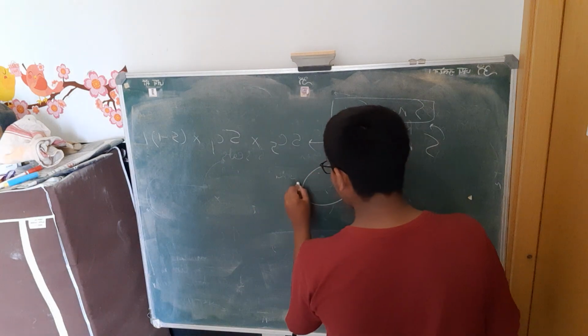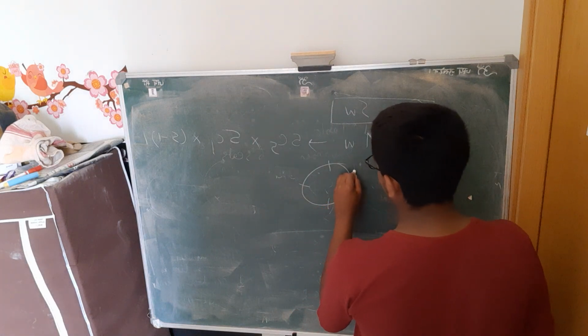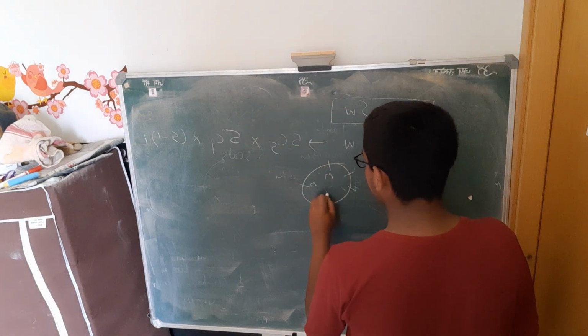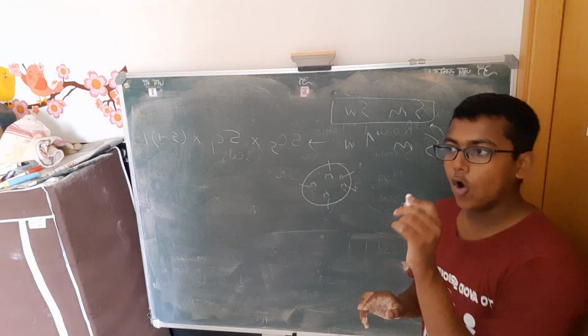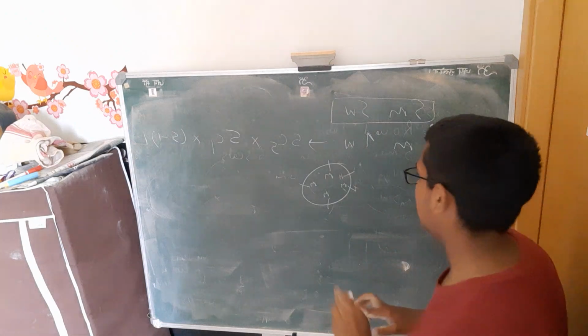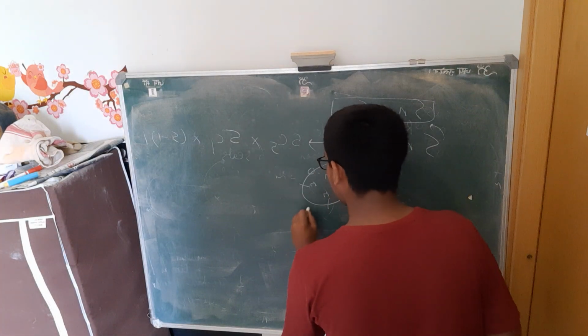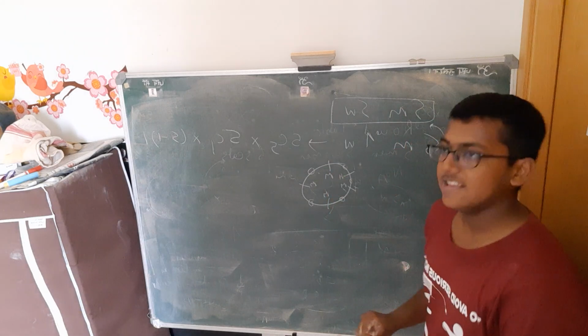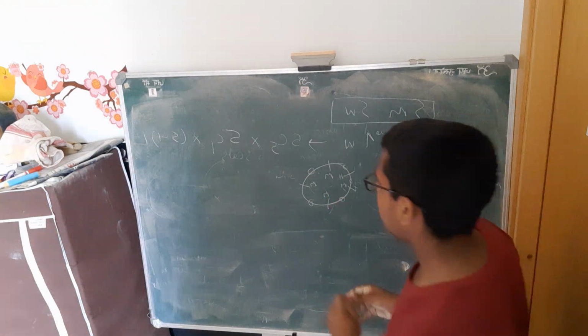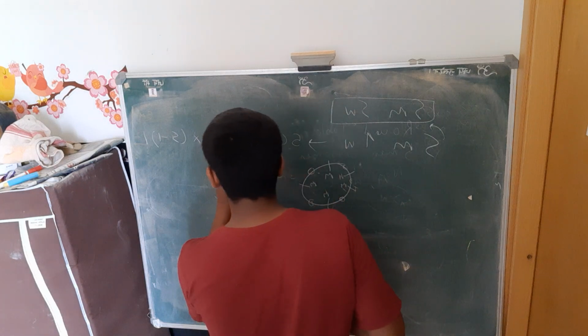So you have 1, 2, 3, 4 and 5. These are all men. Now, a woman can occupy any place in between, right? So a woman will have 5 seats.